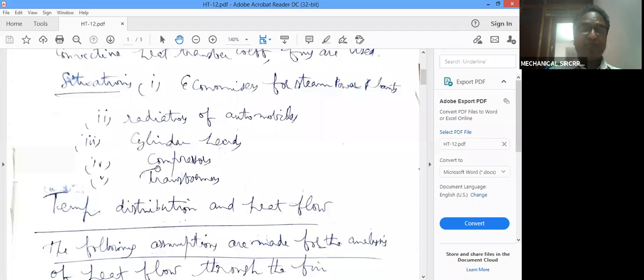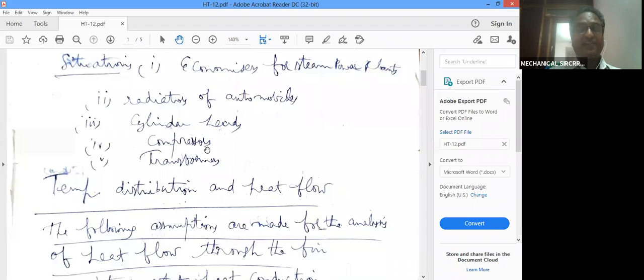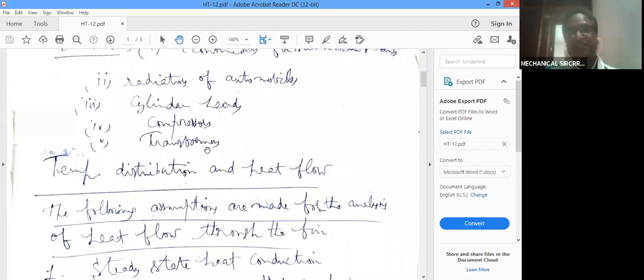There are fins provided. So transformers, electrical transformers. If you observe APSCB or electricity board outside, if you go to the transformer location, you can observe fins.